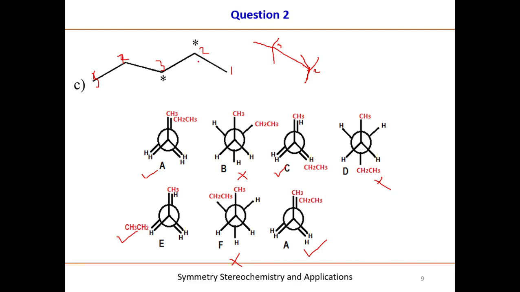Carbon number 2 has one methyl group, right? It is on the downside, so I am writing CH3 here, and the other two are hydrogen.